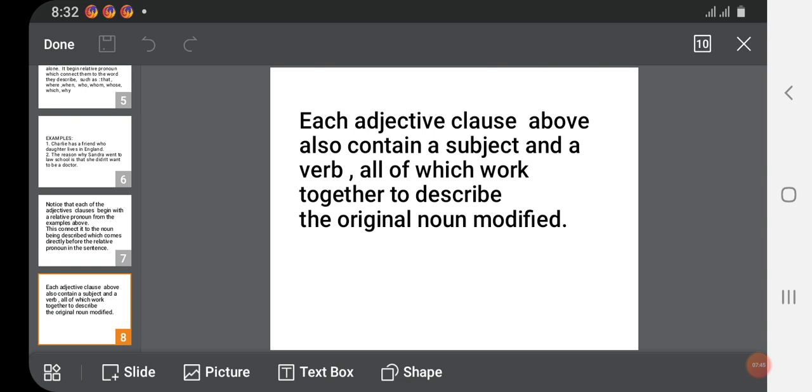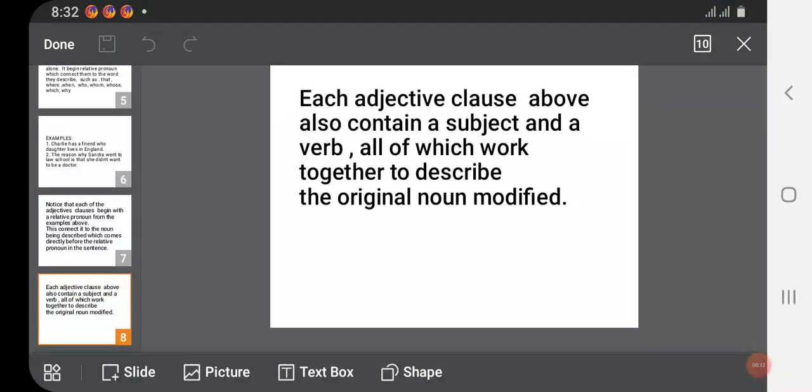So likewise, an adjectival clause or a relative clause would also have a subject and a verb in it, all of which work together to describe the noun that is being modified in that sentence.